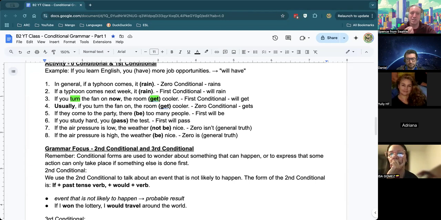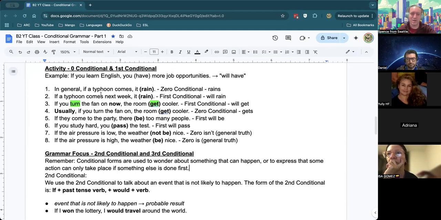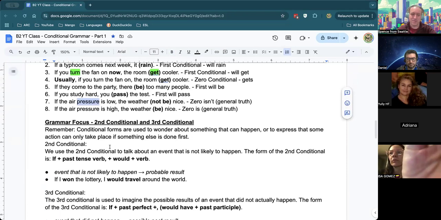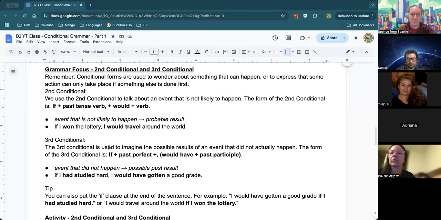It's still an opinion, still a possibility. It's not something universally true. That's why they give the examples of weather, and they use the word usually, to indicate this is something generally true. Okay, let's keep going.